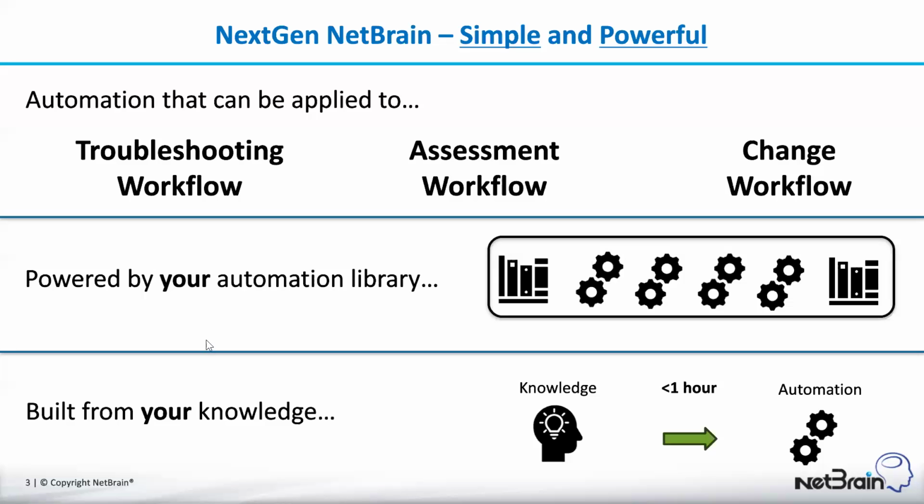And of course, this automation library at its core is built from your knowledge. And going from your knowledge or your idea to an automation that's being continuously run across your entire network or used for troubleshooting can happen in less than 1 hour. Honestly, you're probably looking at less than half an hour in a lot of cases.